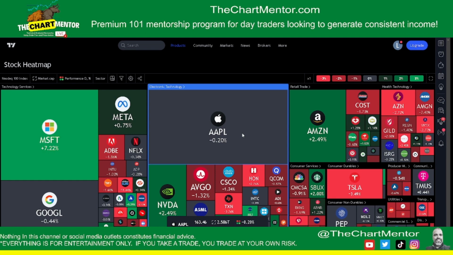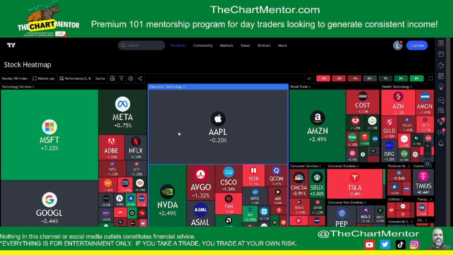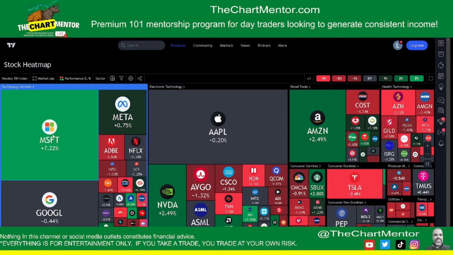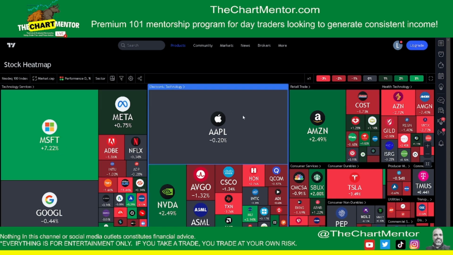So when you want to go short, but you see that most of the heavyweight stocks are green, you don't want to take the short because they are potentially contributing to a push higher in price.